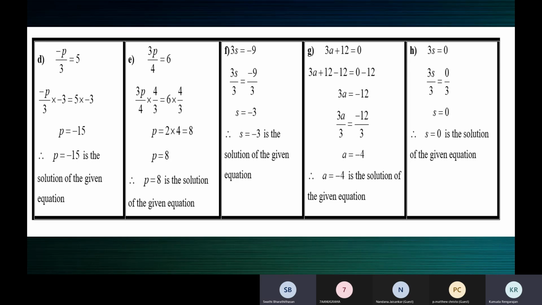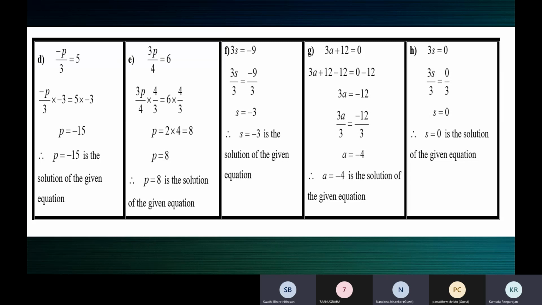Ma'am, we have 15. No, what about that P side, that LHS? What do you have on the LHS? Yeah, Nandana, yes. Minus p. Minus P is equal to? We have minus P is equal to 15.